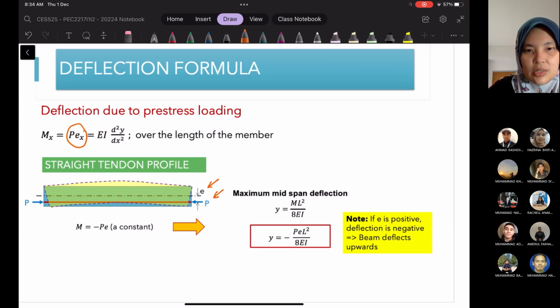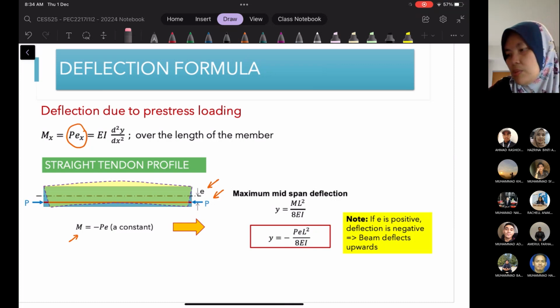However for this one, we are going to have the eccentricity, right? So in view of this, therefore it is going to induce the moment, right? Okay, so if you still remember in structural analysis, we can derive the equation when we have a moment, the equation for the deflection, right?